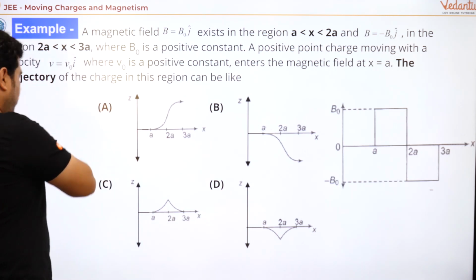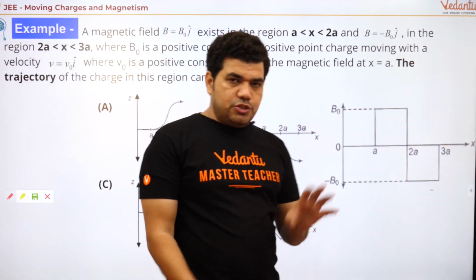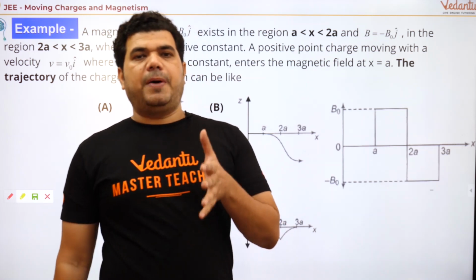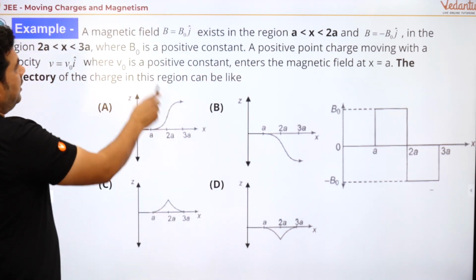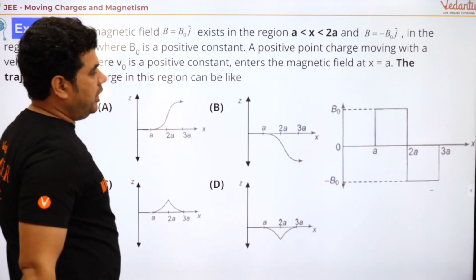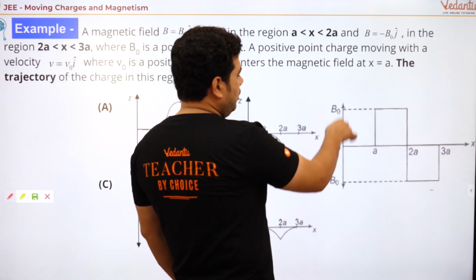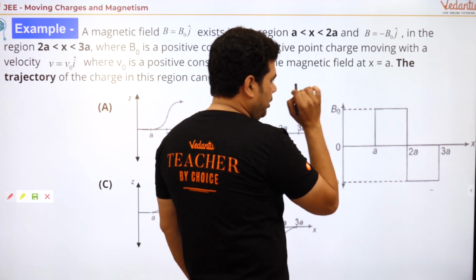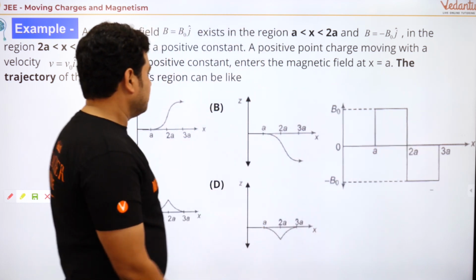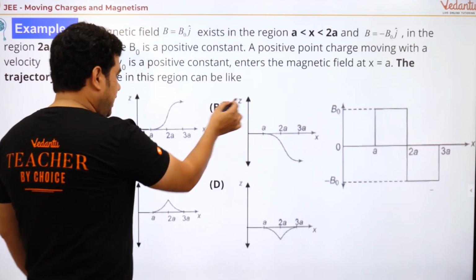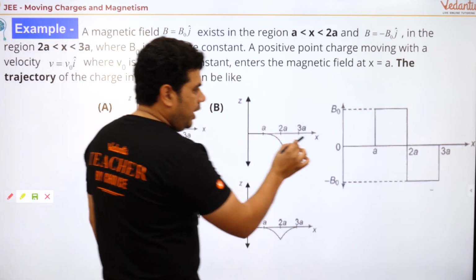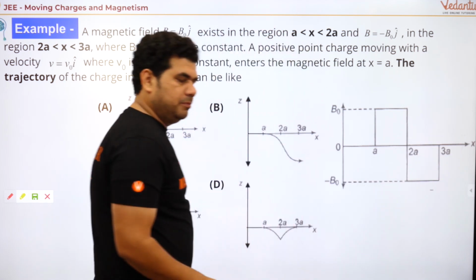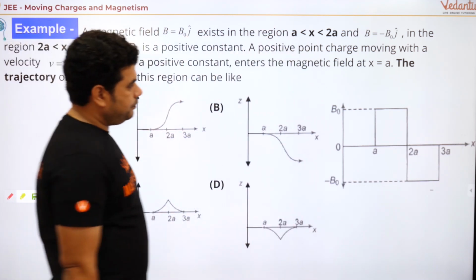Another very good question. You just have to identify the path. That is a very easy question also. Here, magnetic field B naught J cap. So B naught is here, value is B naught, and this is X. See, Z, X. So X इधर है, डायग्राम में देख लेते हैं.